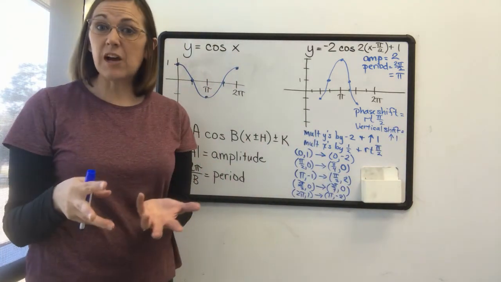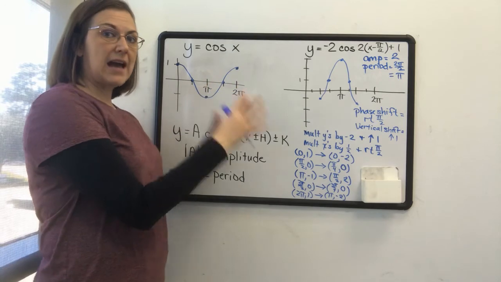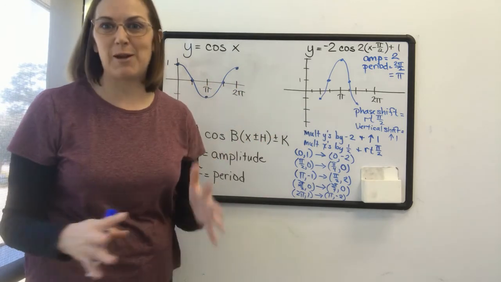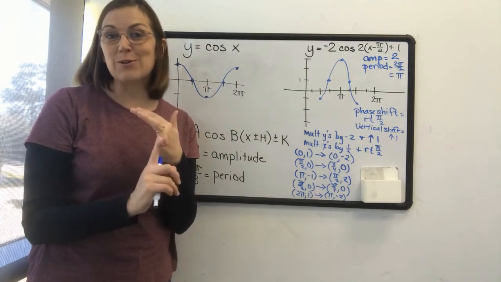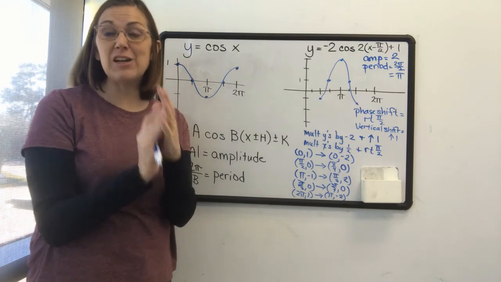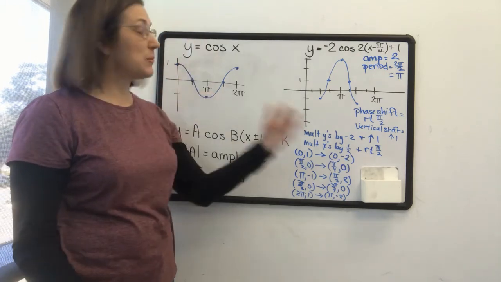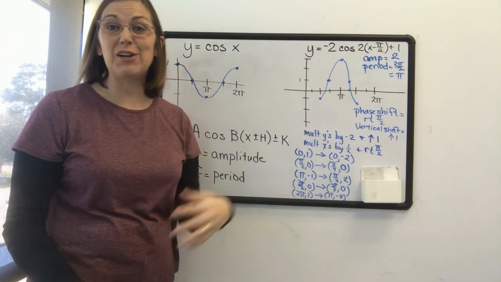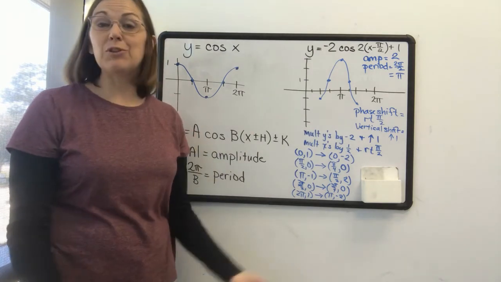So I hope this helps you break down how to do all the transformations. We had a horizontal compression, a vertical stretch, a phase shift, and a vertical shift. We changed the period, the amplitude, all of those things.